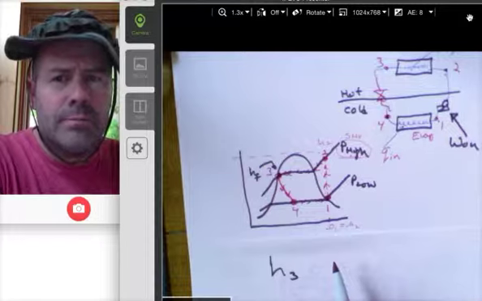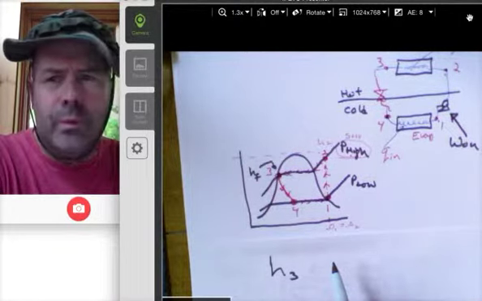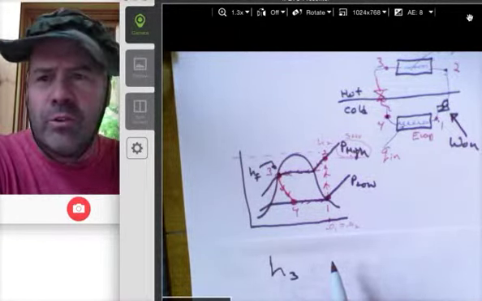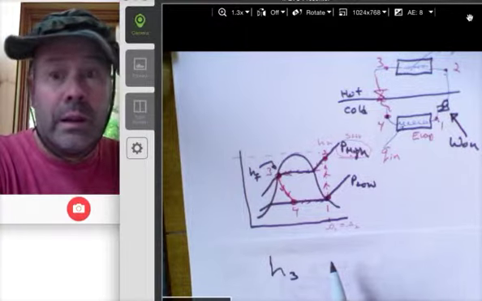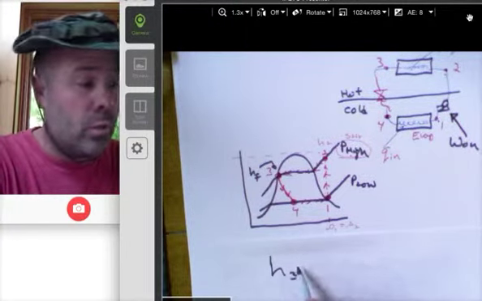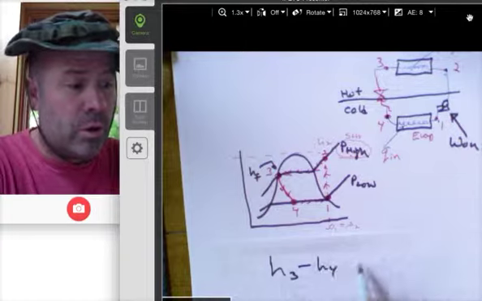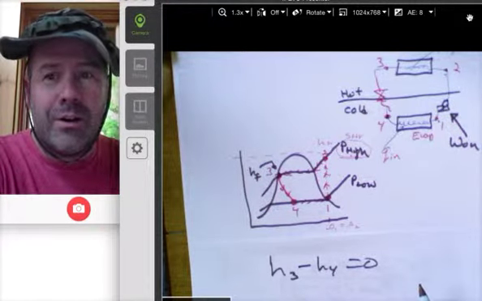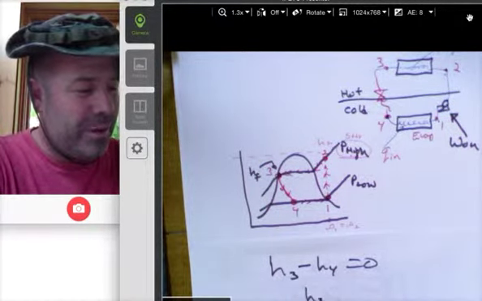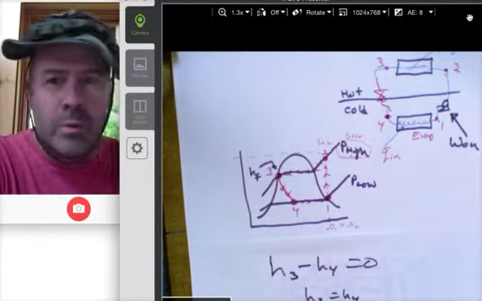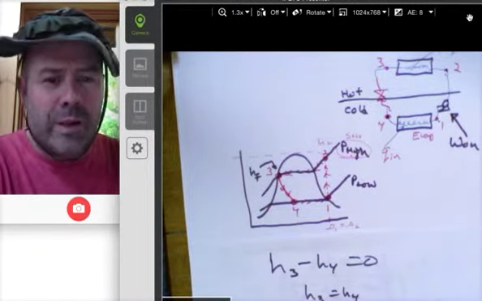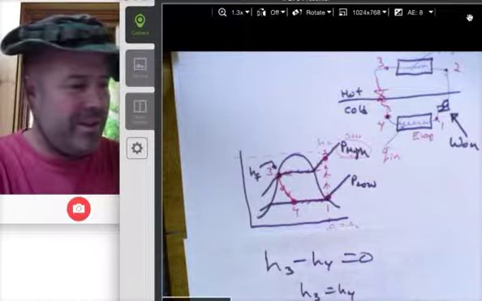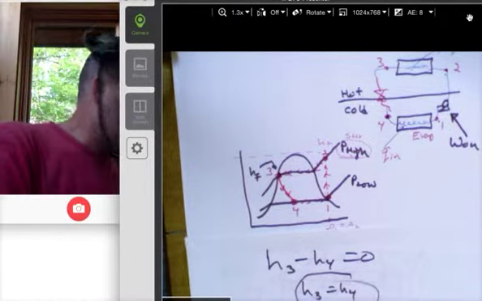Any work? Nope. No heat transfer, no moving parts. Nothing. What leaves? H4. Oh yeah. Put a smile on. H3 is equal to H4. We now have H4. Yeah. Partay.